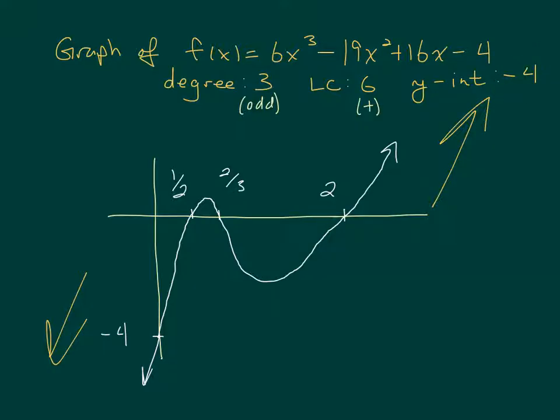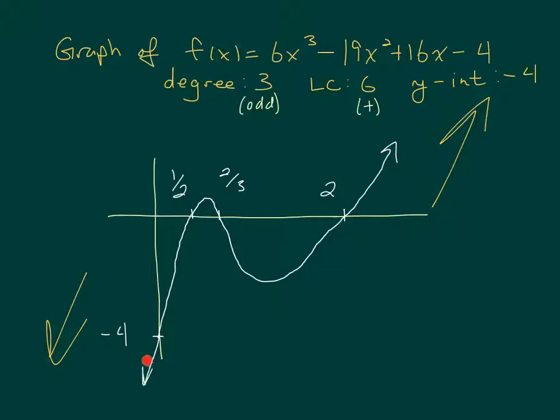With this information, the degree is odd and the leading coefficient is positive. This tells you that the graph will be rising to the right and falling to the left. The y-intercept is -4, and I've already plotted that here. I've already plotted the zeros at 1/2, 2/3, and 2, and I've already drawn what a sketch of this graph might look like.